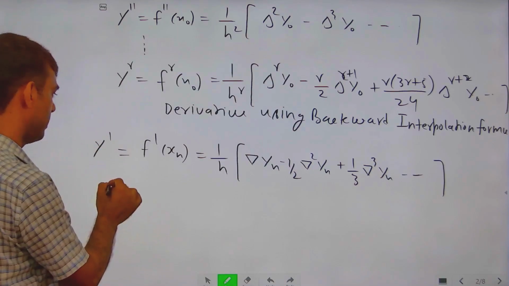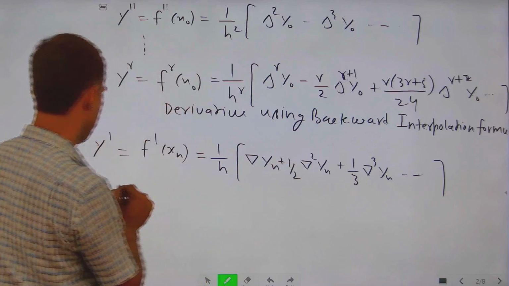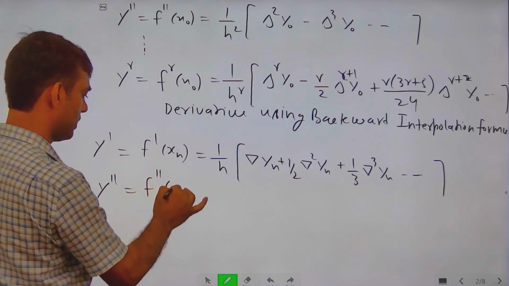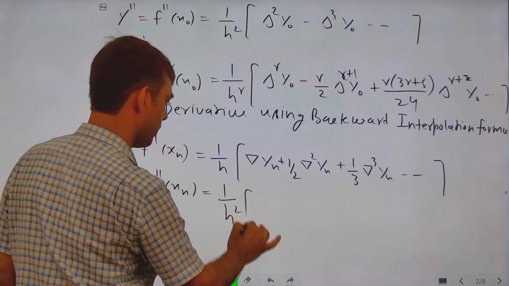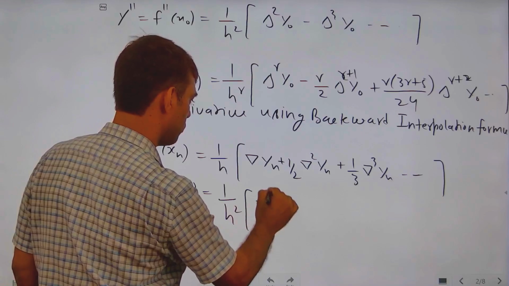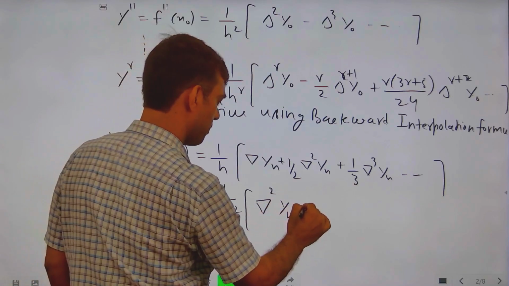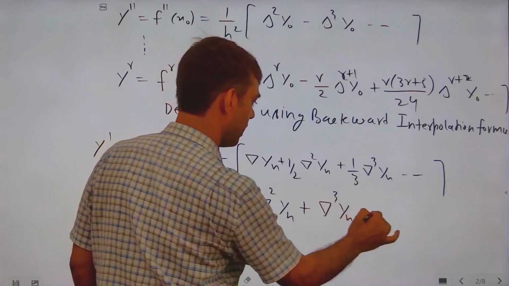And for the second, here it is not a minus, this is a plus, sorry: y'' equals f''(xn) equals 1 upon h², this becomes ∇²yn plus ∇³yn and so on.